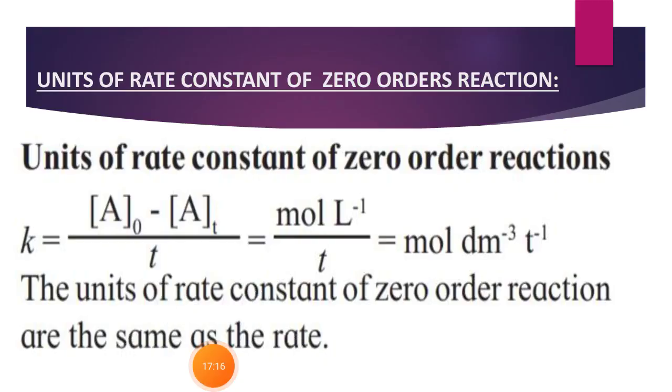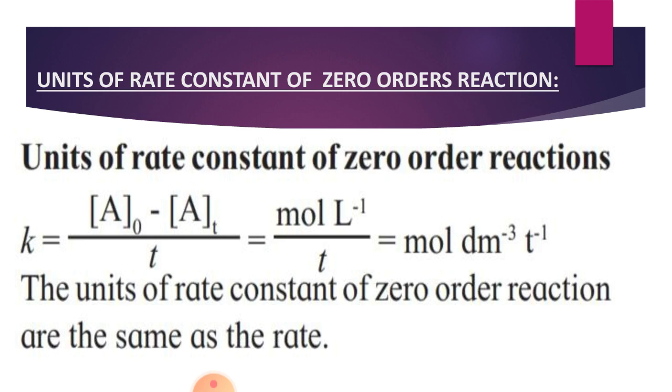Now units of rate constant of zero order reaction. As we know, Kt is equal to A naught minus At, which is the integrated rate law for zero order reaction. We are just rearranging the equation. K and t are in multiplication form, and when t moves to the other side, it comes in divide form. So K is equal to A naught minus At upon t.